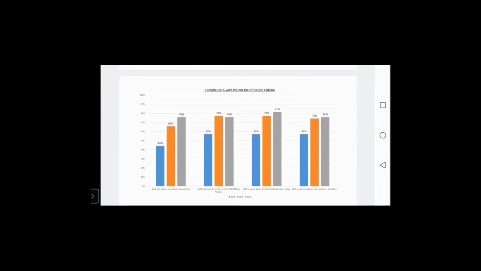Here, basically, the three criteria are colored. The blue one represents 2018, the orange is 2019, and 2020 is the gray color.